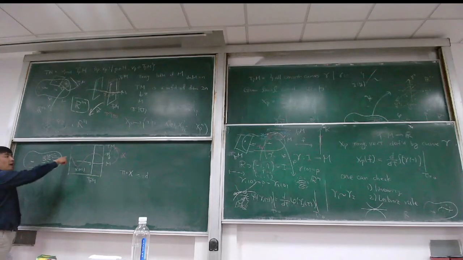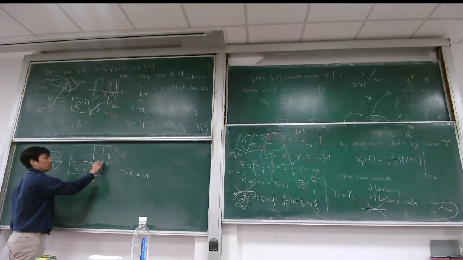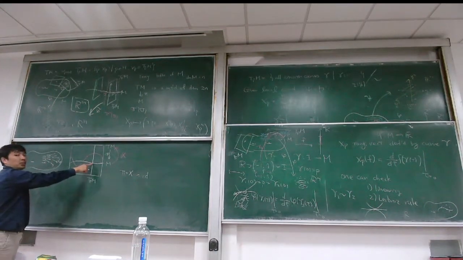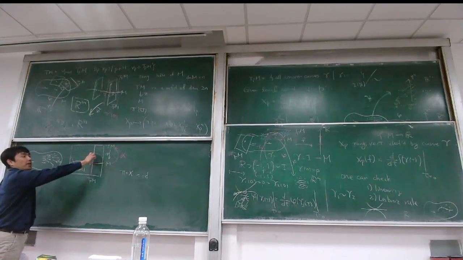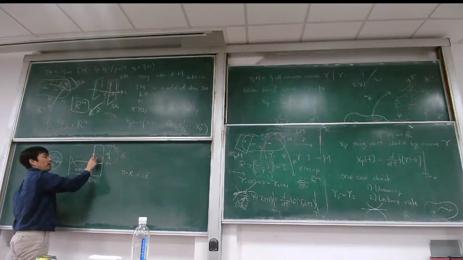Then it defines this. So it's a vector field. At each point you pick some vector. At each point p you pick xp. At each point q you have xq.